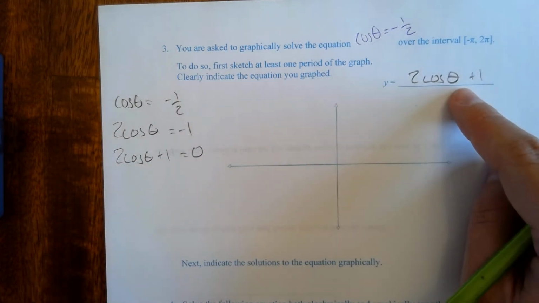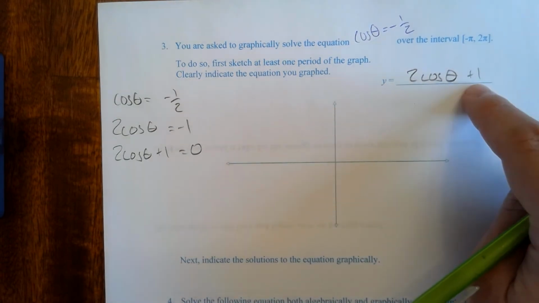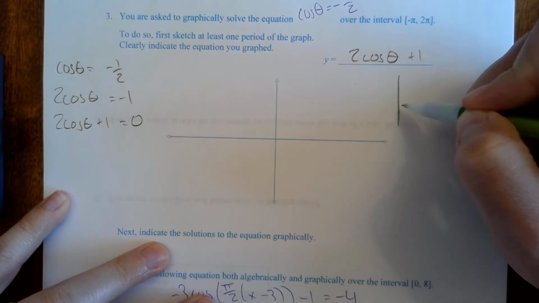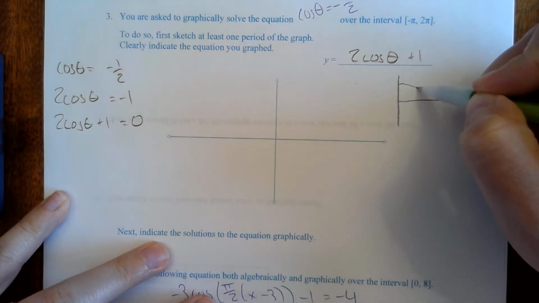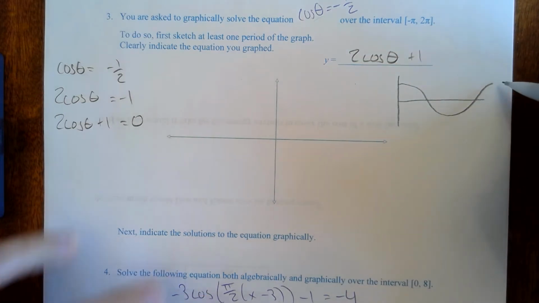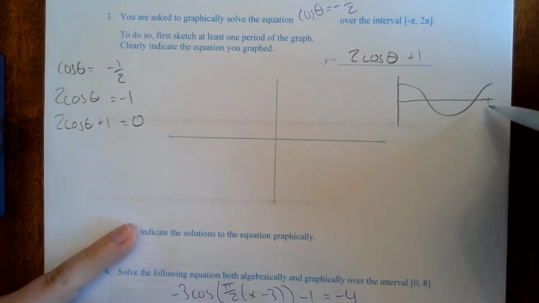Compared to the last one, this should be really easy to graph because it only has one stretch and one transformation, which is way easier. My cos curve usually starts at the max, goes down, and ends up back at the max, and that usually goes over 2 pi.